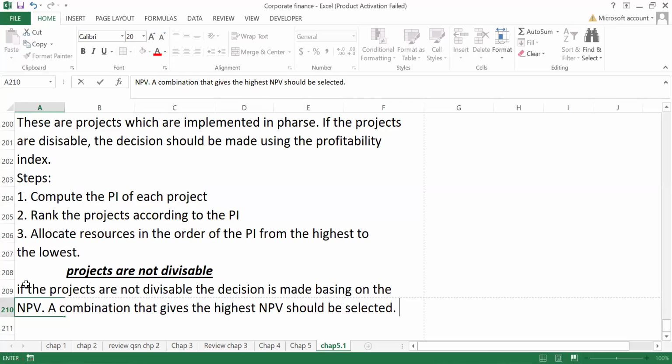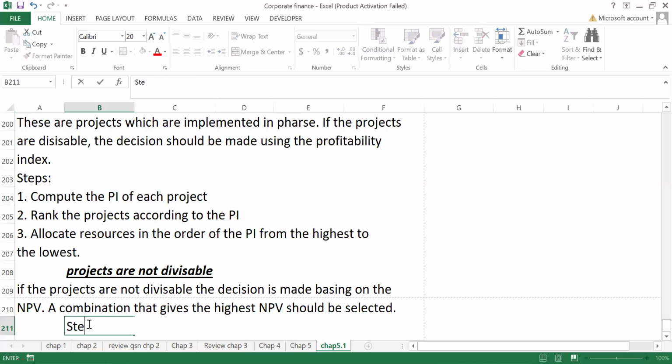Now, if you have projects that are not divisible, you are going to make your decision based on the NPV. You are going to compute the NPV of each project, then determine a combination which gives the highest NPV. That's the one that you are going to select.